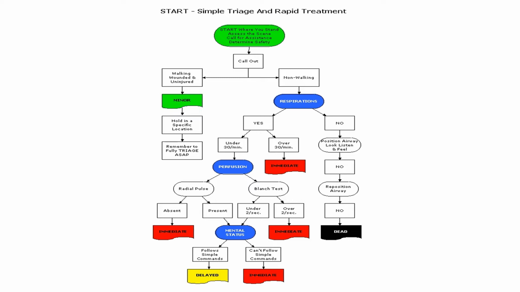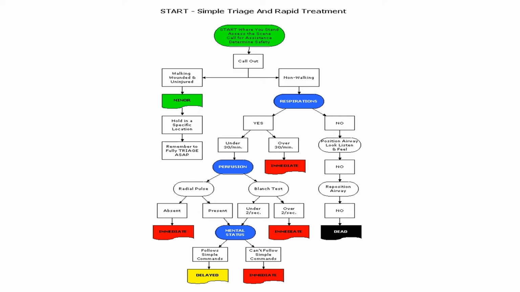If they do have respirations and they're under 30 per minute, you're going to go on to the perfusion part. And you're going to take a radial pulse and do the blanch checks. If the radial pulse is absent, they're considered a red, an immediate one.